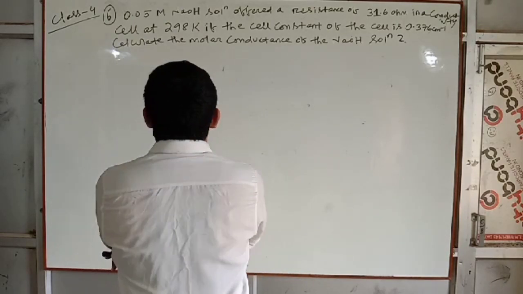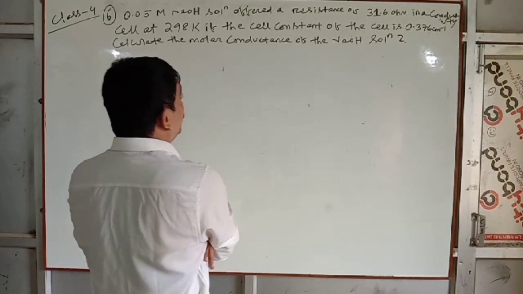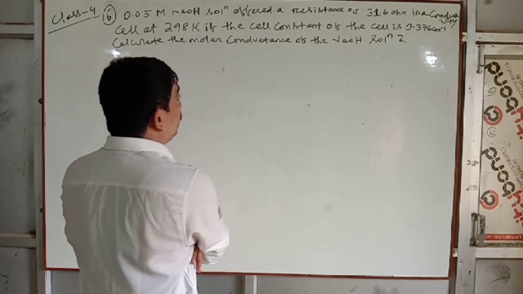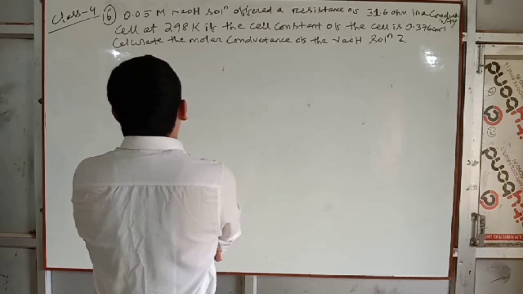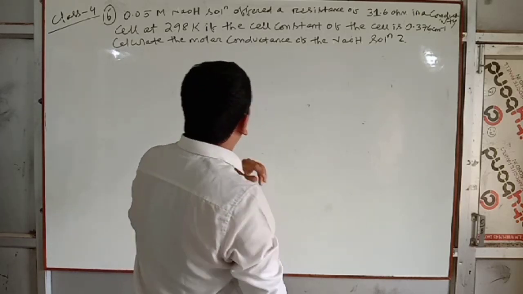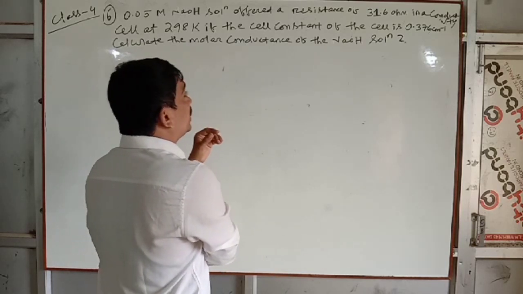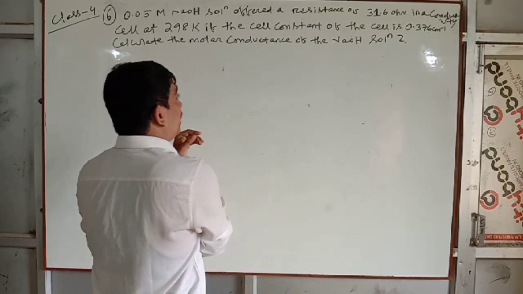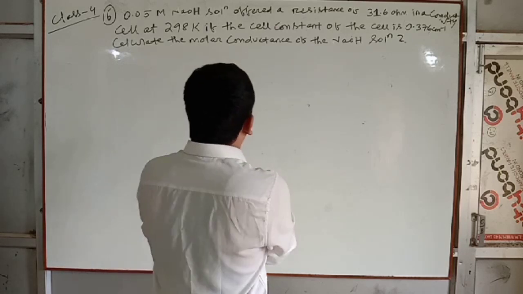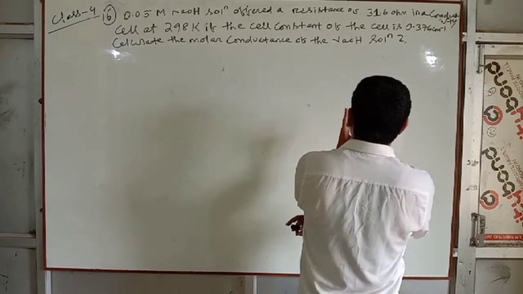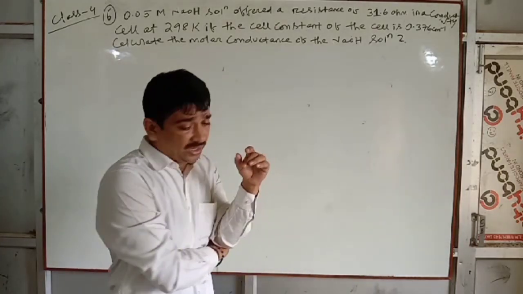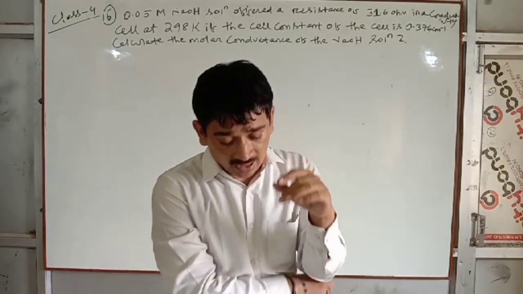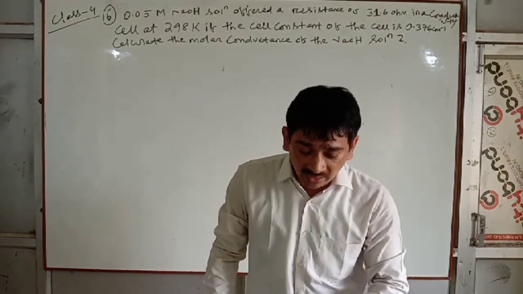0.05 M NaOH solution offered a resistance of 31.6 ohm in a conductivity cell at 298 Kelvin. If the cell constant is 0.376 centimeter inverse, calculate the molar conductance of the NaOH solution. So given that, what are the terms given?